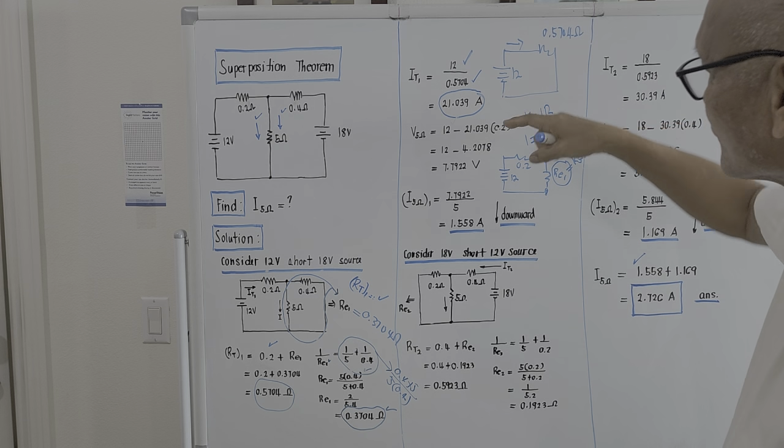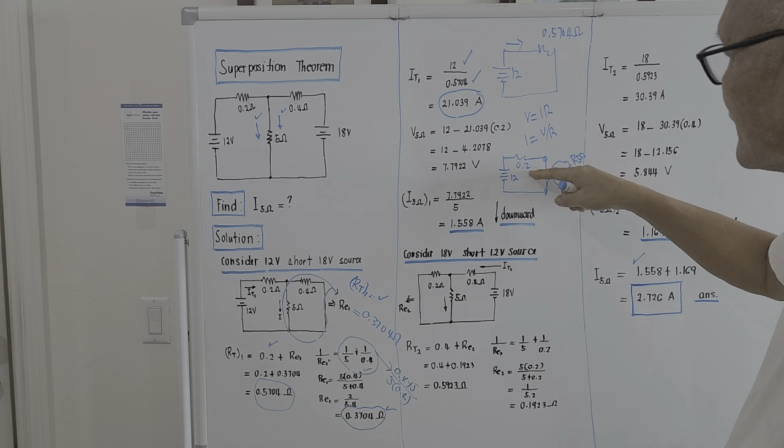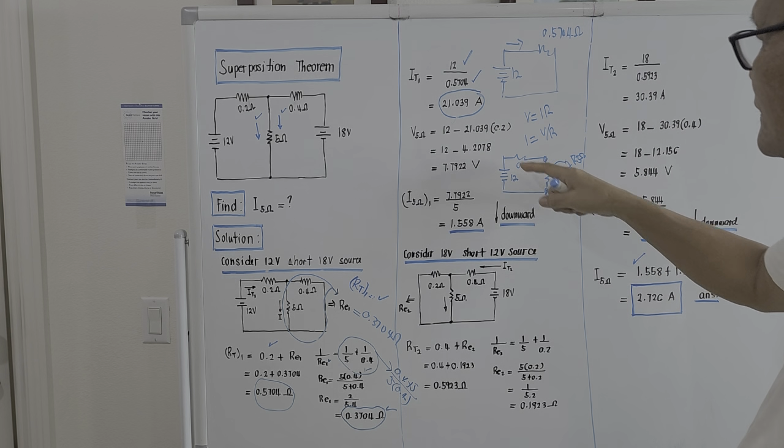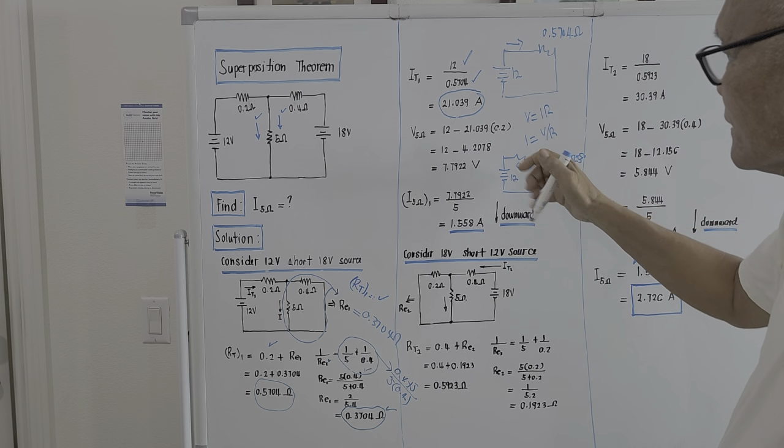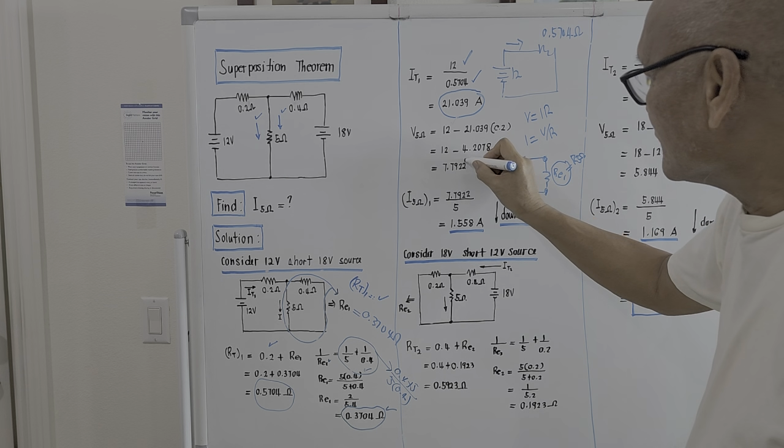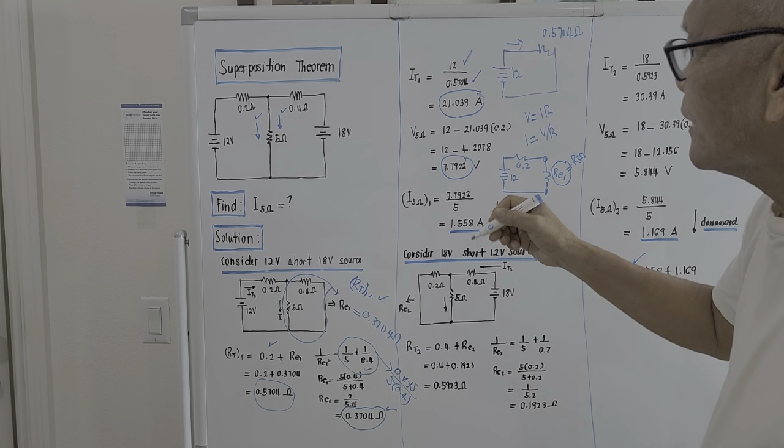And the voltage drop here will be the current passing here. The current passing through the 0.2 is 21.039 times 0.2. So this should be 12 minus 4.2708.